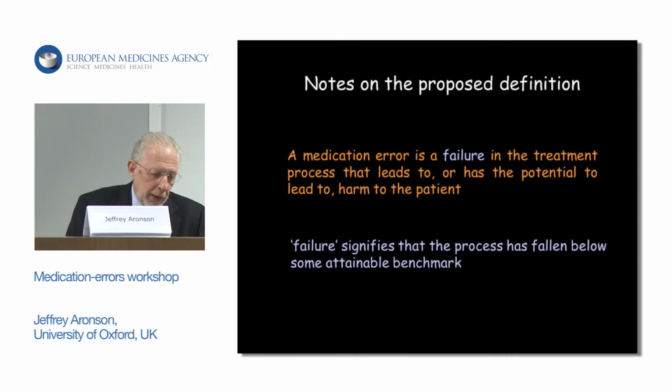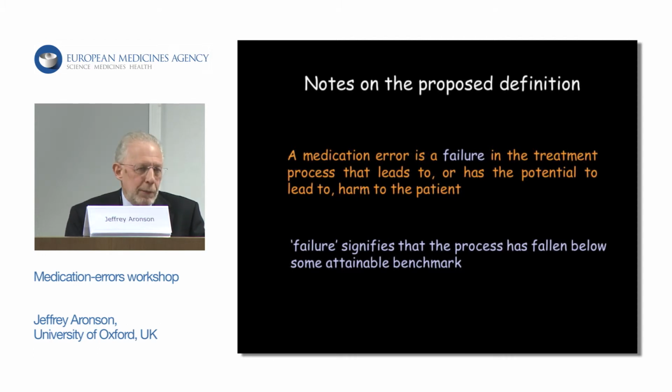Some notes on this. Well, a failure signifies that the process has fallen below some attainable benchmark, and that will be different depending on the nature of the error and needs to be defined. We have a definition, but we also have the recognition problem, and these two things are separate, one following on from the other.